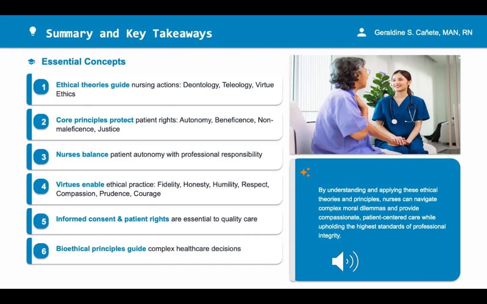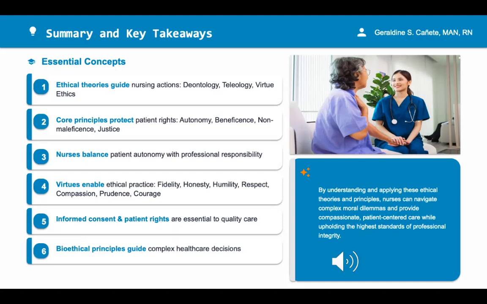Okay? On the core principles that protect patients' rights, the principles of autonomy, beneficence, non-maleficence, and justice are not just abstract ideals. They are safeguards. They protect the patient's dignity. They protect safety. They protect fairness. When you are unsure, these principles anchor you.